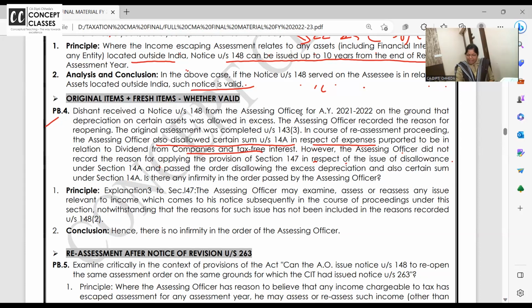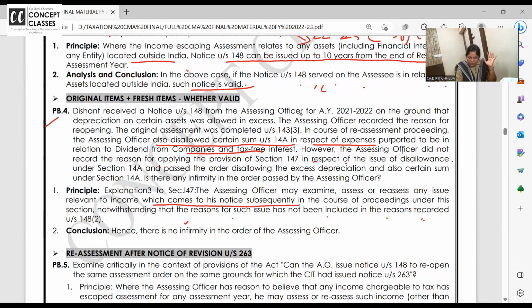The AO may examine and assess or reassess any issue related to income which comes to his notice subsequently in the course of proceeding under this section, notwithstanding that the reason for such issue has not been included in the reason recorded. Language is important.